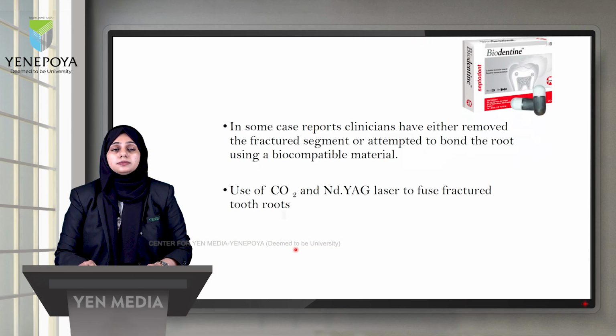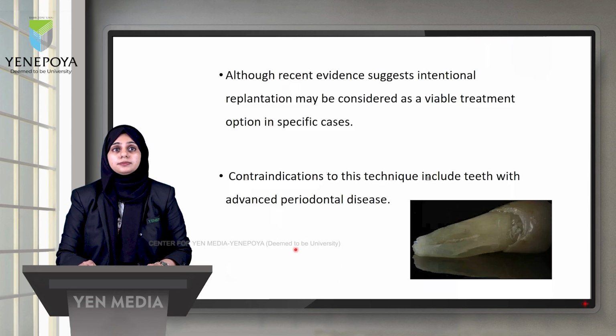Recently, fractured segments are repaired with the help of biocompatible materials like Biodentine, dual cure resins, glass ionomer cements or mineral trioxide aggregate. Carbon dioxide and Nd:YAG lasers have been used to fuse the fractured tooth roots.